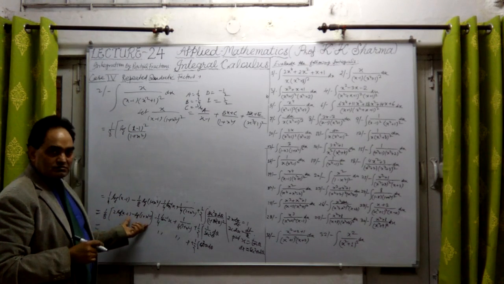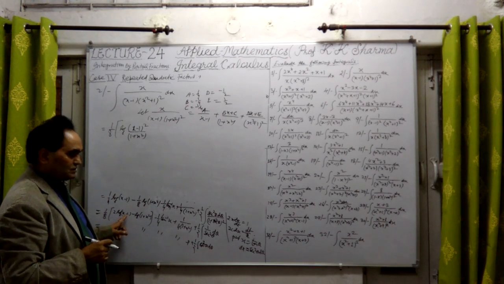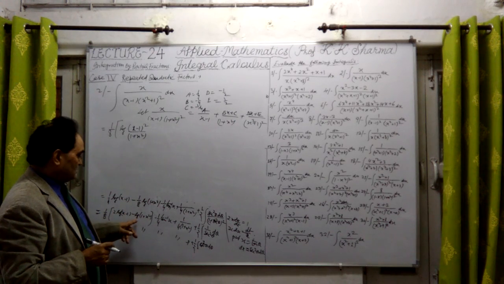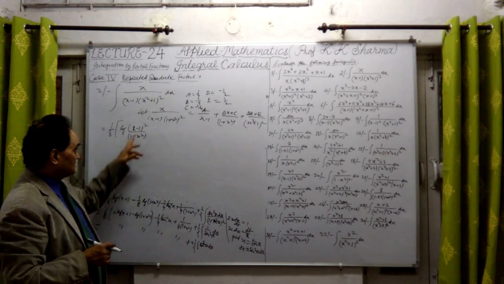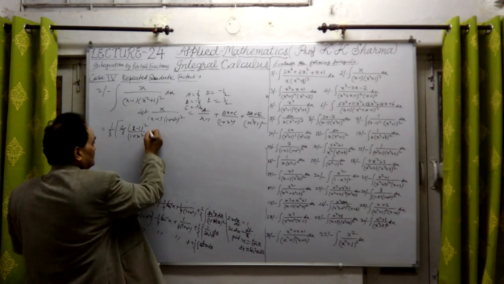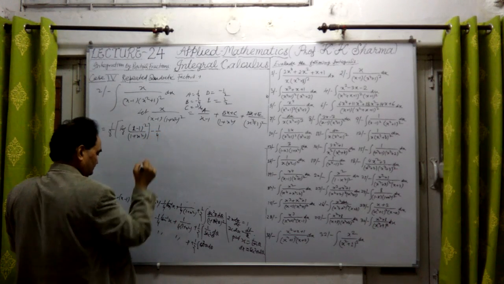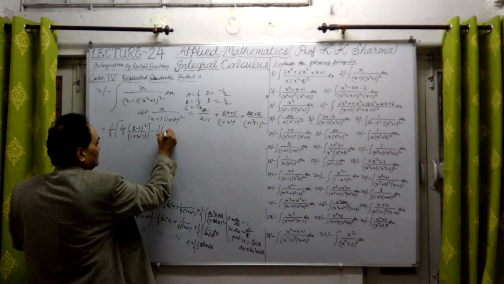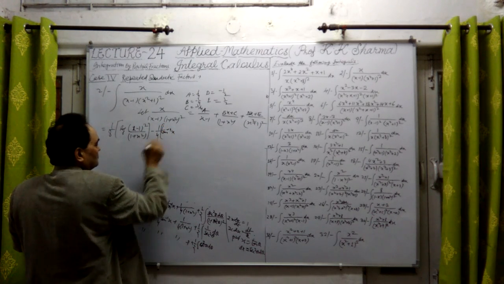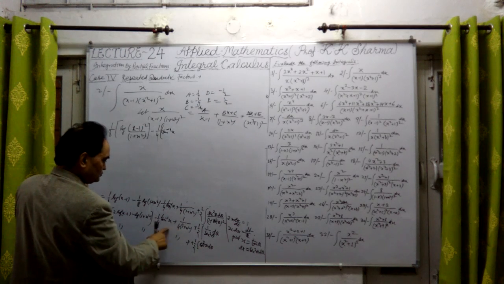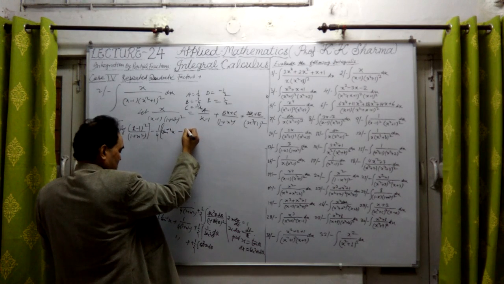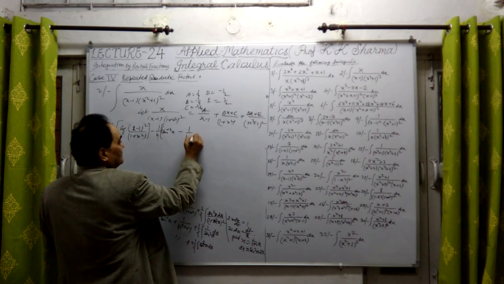Because log n minus log n, and twice log x minus 1 is log x minus 1 whole square, taken as the power. This is minus sign, so log n minus log n gives log of x minus 1 whole square upon 1 plus x square. This is solved. Then minus 1.4 tan inverse x. If I take 1.4 common out of these two, it will be minus sign, and the remaining term is 1 upon 1 plus x square.